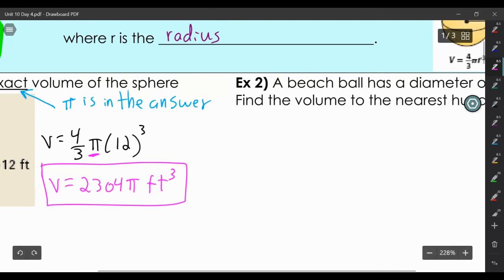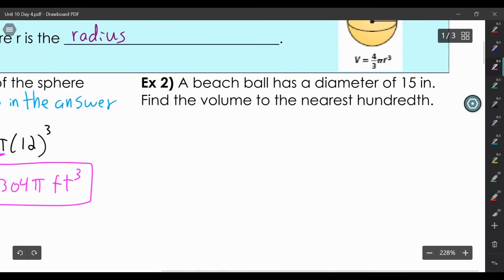And then number 2 says a beach ball has a diameter of 15 inches. Find the volume to the nearest hundredth. If the diameter is 15, that means the radius is 15/2, or 7.5.